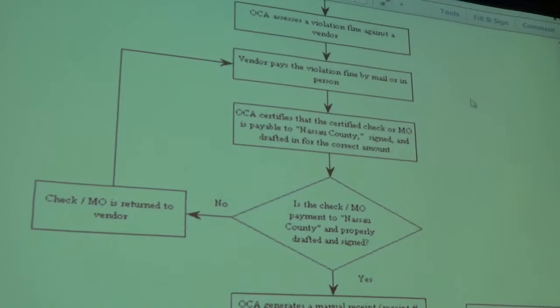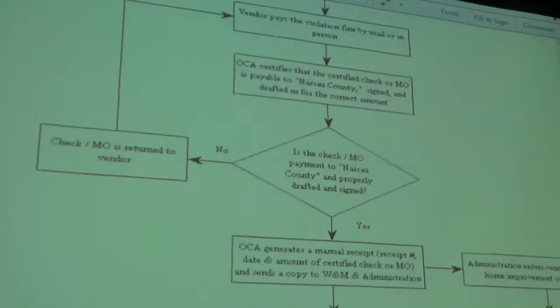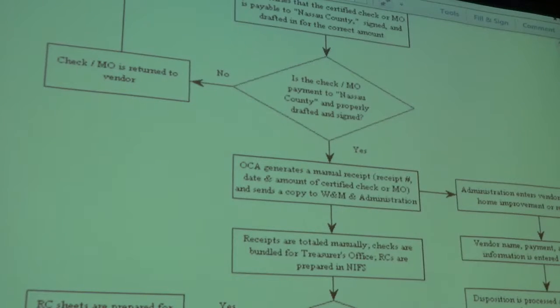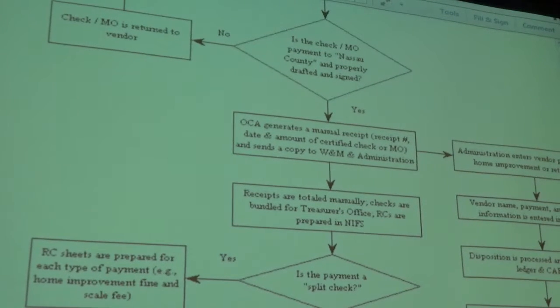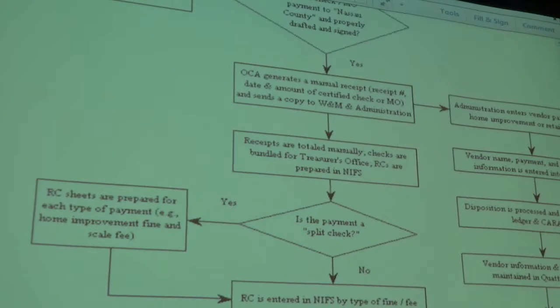If it's yes, OCA reports it as a manual receipt that's issued to the person that was issued the fee. The fees, however, in this case are manual checks and so forth. And so, is the payment a split check?